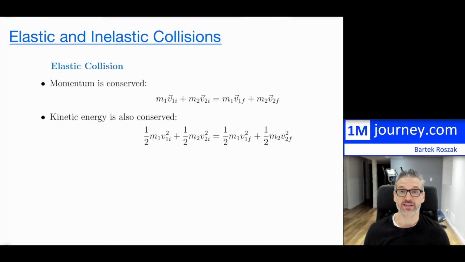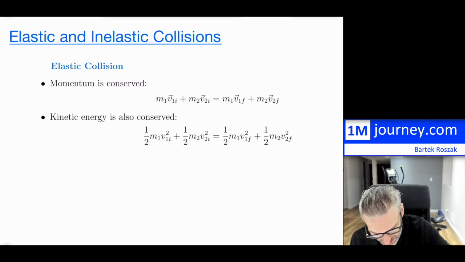Now, we are assuming that there are no external forces being added into the system, because if there is a net external force, then obviously even momentum would not be conserved, because your velocities will be changing. So here, the only change that happens is due to the collision between the 2 objects, or more objects for that matter.